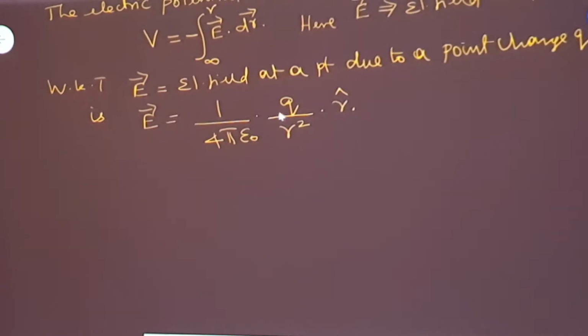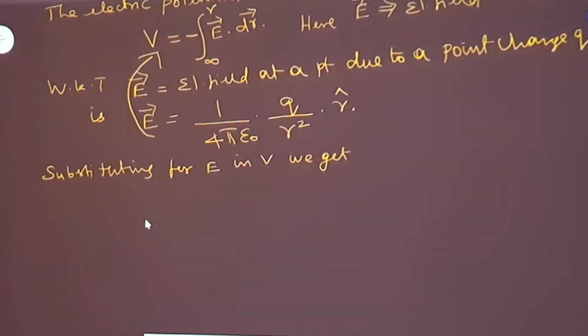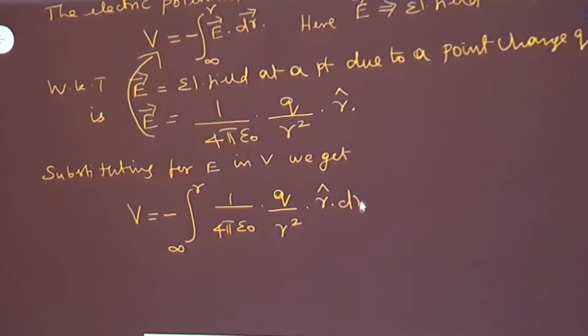Now what we can do, you take this and substitute in the above equation, we will be able to get the value for V. So we write like this, substituting for E in V. See, you take this and substitute in this equation, you can say the potential V is equal to minus integral from infinity to R. Instead of E vector, I can substitute 1 divided by 4 pi epsilon 0 Q divided by R square into R cap dot dr vector.